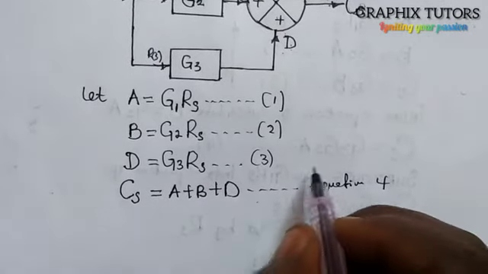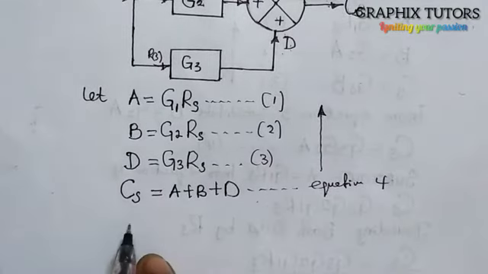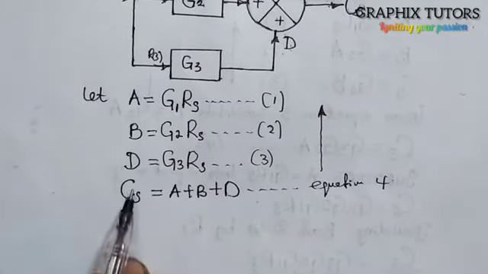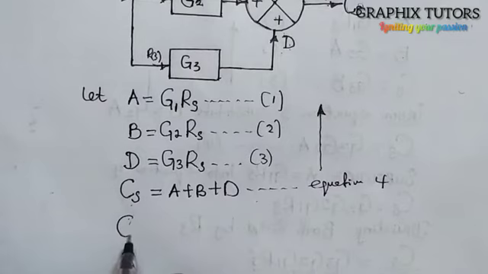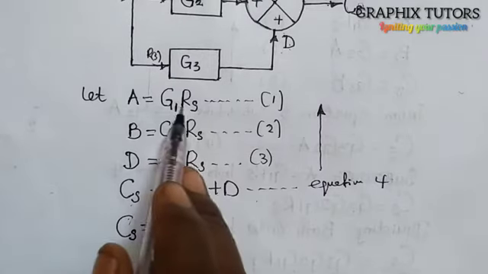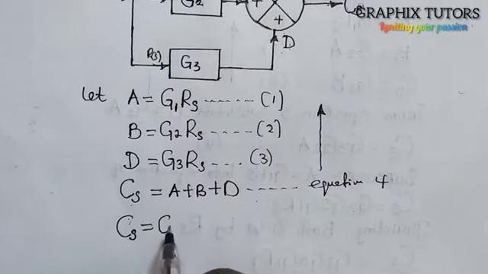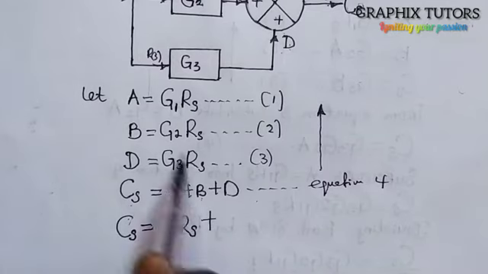Now let's move forward. We are moving in this manner from the highest to the lowest. So let's start from CS. The output signal is equal to A. But what is A? A is transfer function 1 times RS, that is the input signal, plus B. What is B?